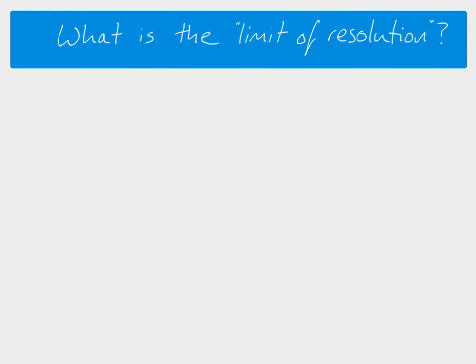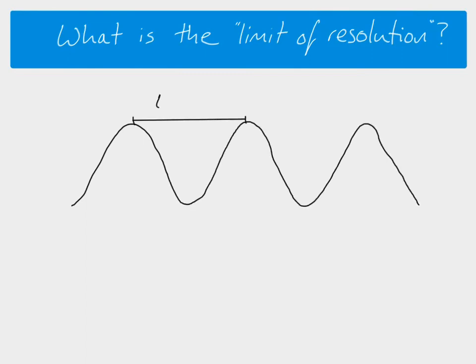There's something else called the limit of resolution. We need to understand what that means. So what we see here is a wavelength. Light has a wavelength, and the smallest wavelength of visible light is about 400 nanometers. So the distance from one point on one wave to the same point on the next wave is 400 nanometers.